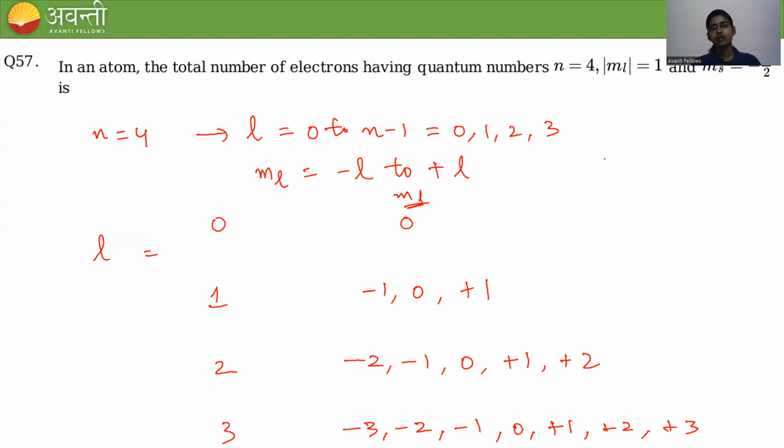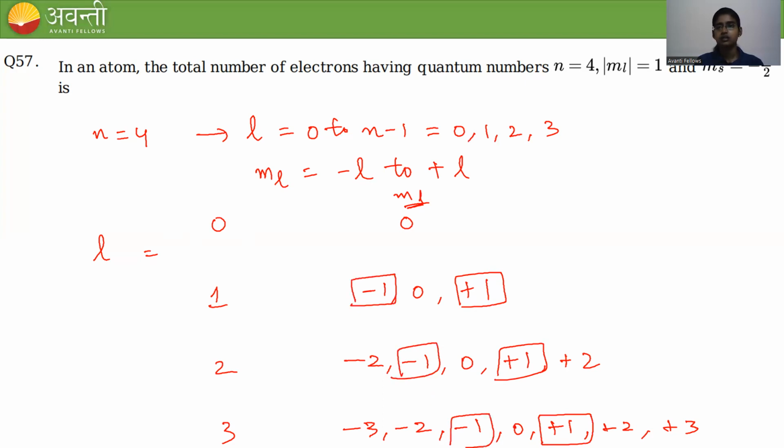Now using this, you have to calculate the total number of electrons having this quantum number. So just take the ML value 1 alone. Since it is modulus of ml, we can take both orbitals.